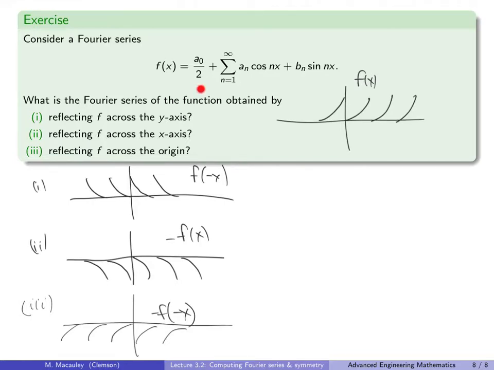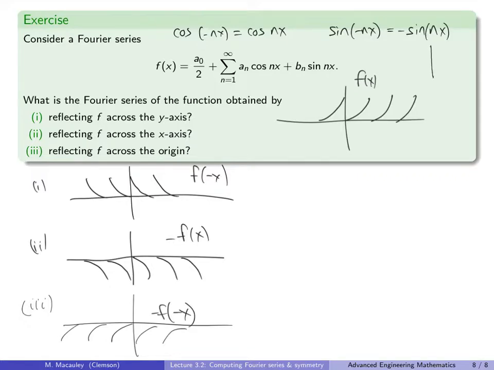Well, let's look at the original Fourier series and notice that if I take cosine of negative nx, that's just equal to cosine of nx. Negative signs get absorbed in cosines, but if I take sine of negative nx, the negative sign pulls out. That's negative sine of nx.